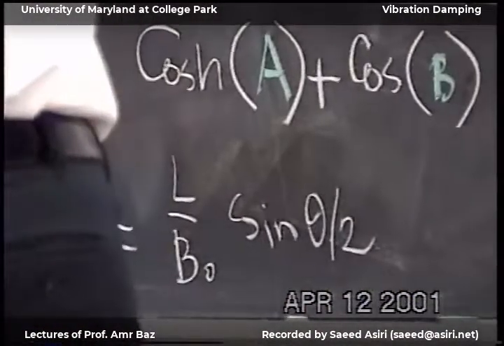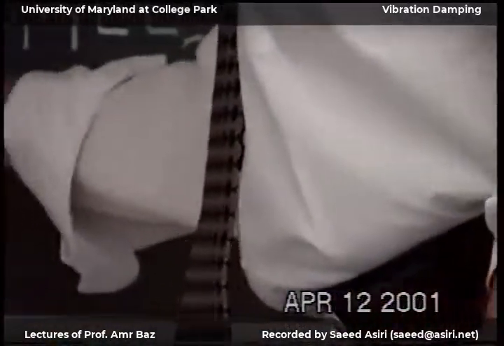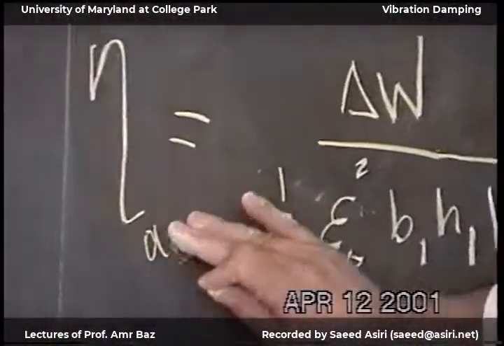And we call this eta of the assembly, eta A.